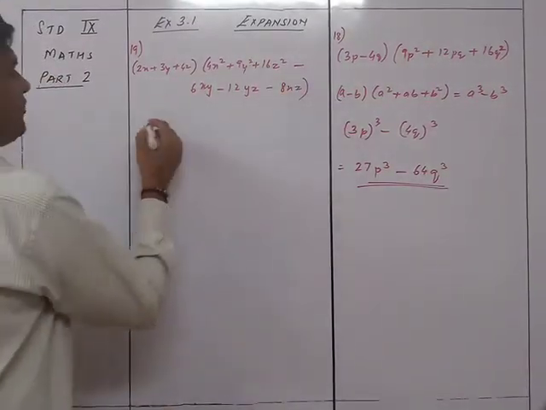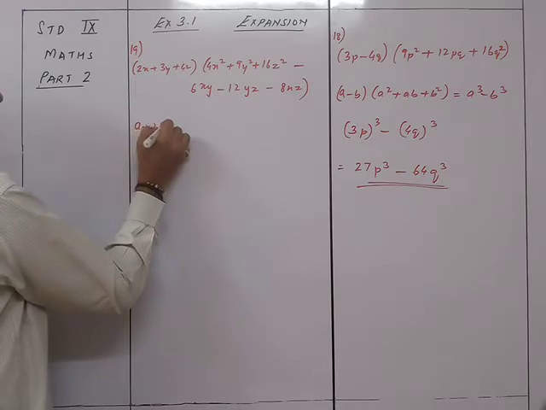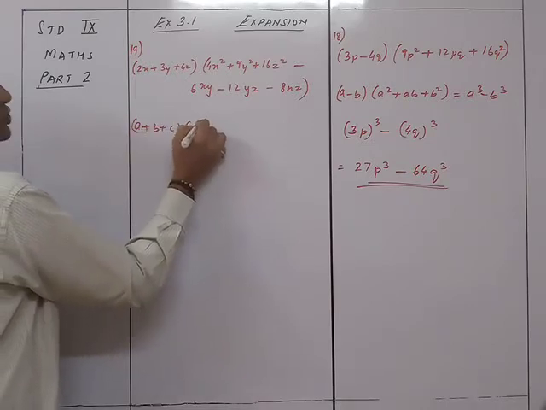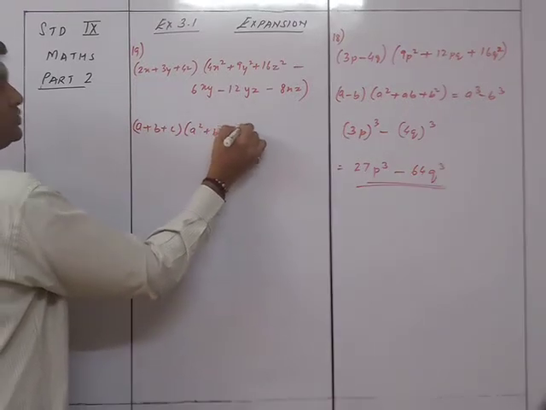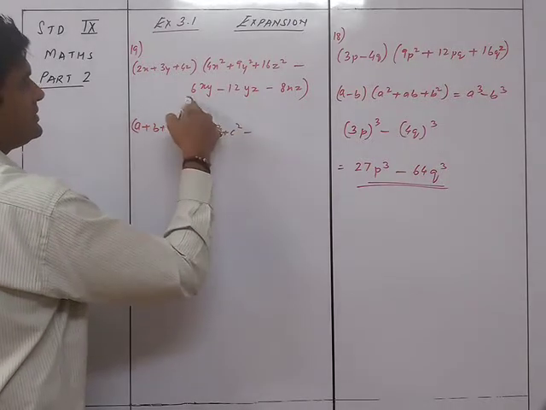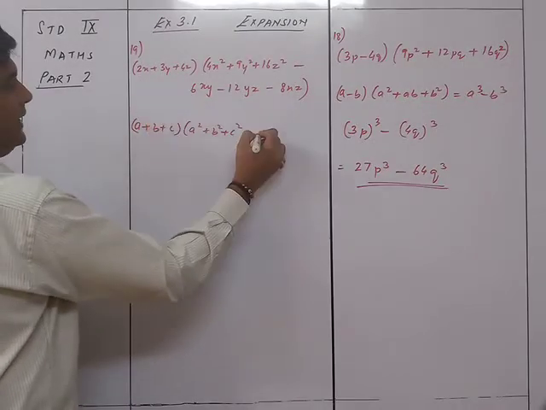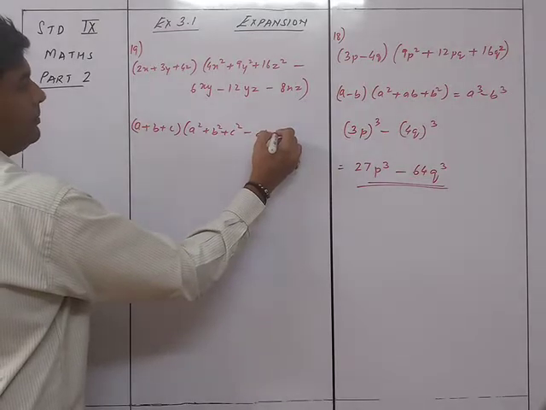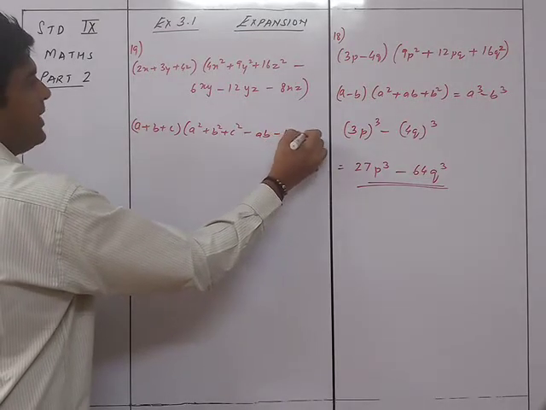So you can see this is in the format of (a + b + c) into (a square plus b square plus c square minus ab minus bc minus ac).